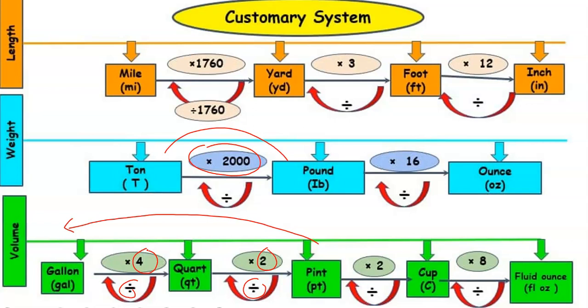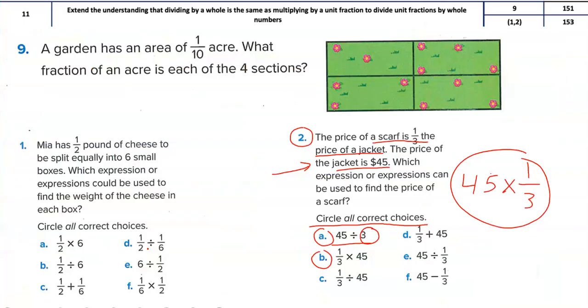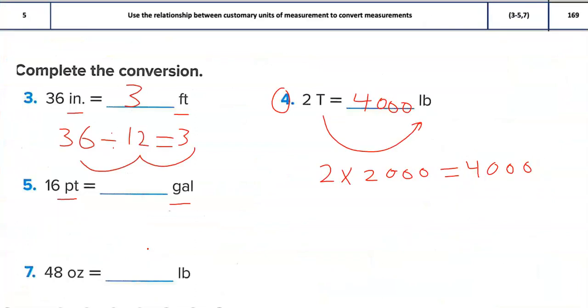Or you can multiply these numbers: 2 times 4 equals 8. So I can say 16 divided by 2, then divided by 4.